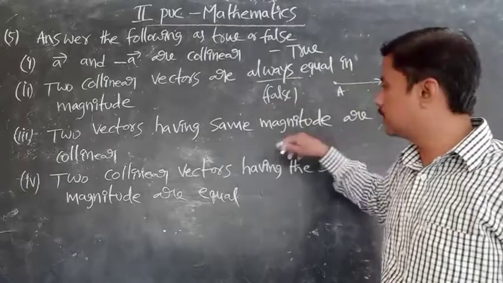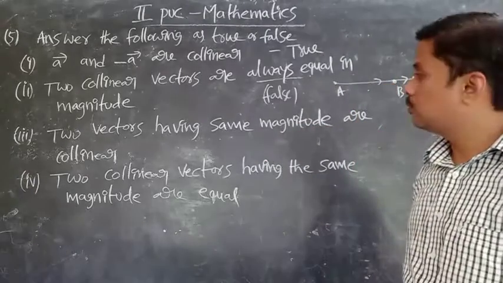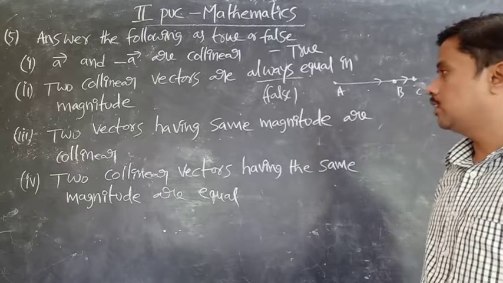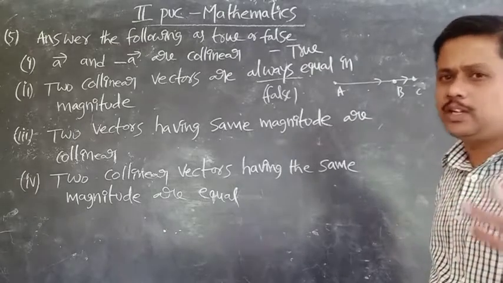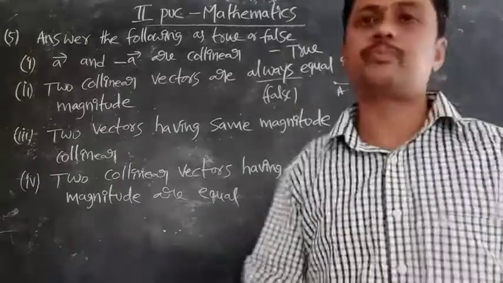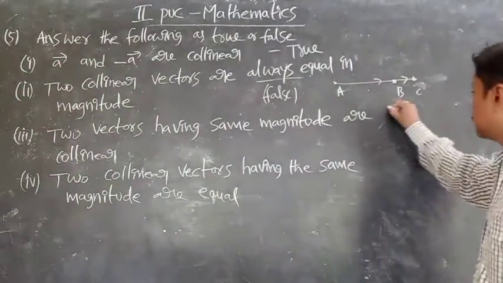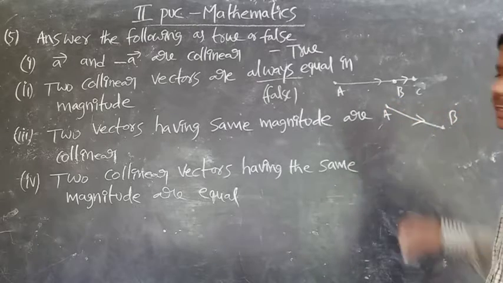Okay, next, two vectors having the same magnitude are collinear. Are all vectors having the same magnitude collinear? The chances are low. Why? See here, this is A, this is B, with an arrow mark like this.